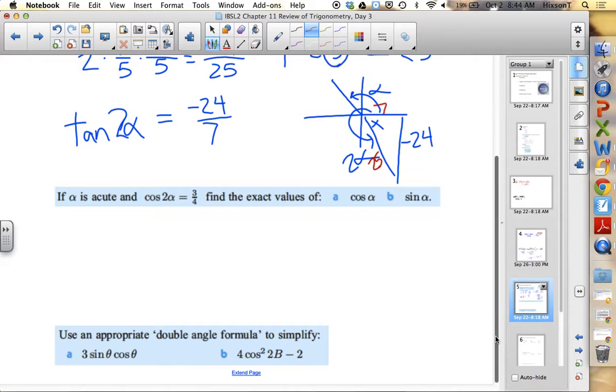Here we're actually looking for values of trig functions, so don't round, which means it's either a fraction or you're leaving it in terms of a radical, okay? But don't round anything. They want exact value. You may not be able to simplify as much as you might want, but that's okay.